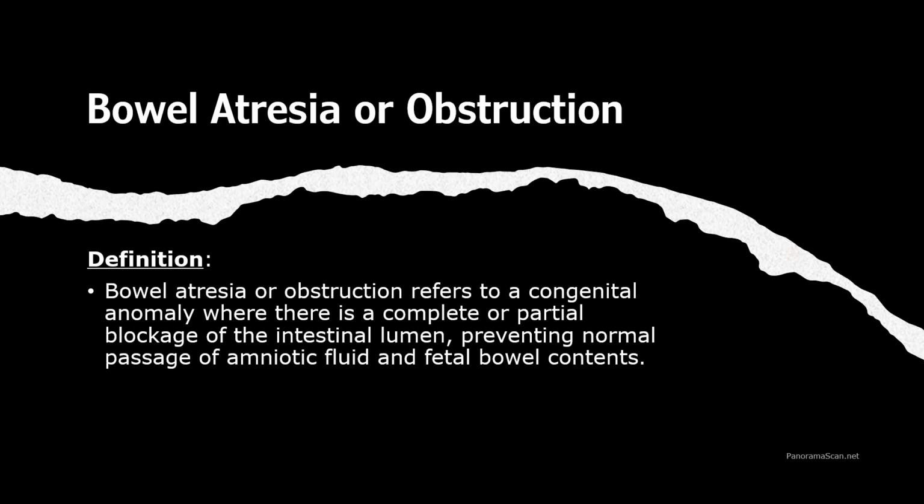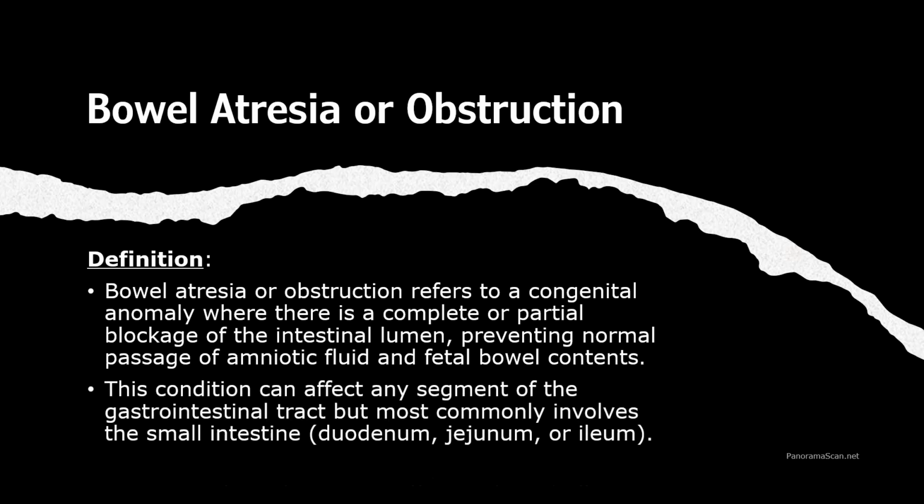This anomaly can occur anywhere in the gastrointestinal tract, but it most commonly affects the small intestine, specifically the duodenum or ileum. Early detection through prenatal ultrasound is essential for planning appropriate perinatal care and postnatal surgical intervention.